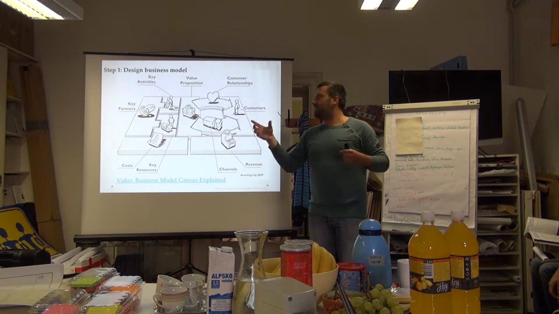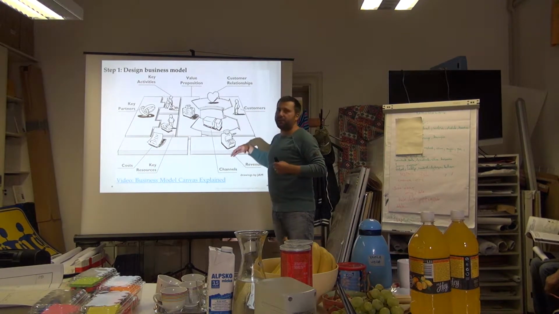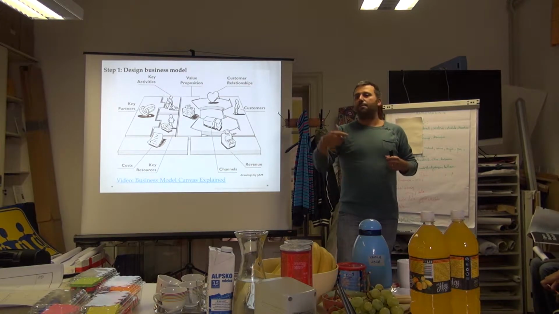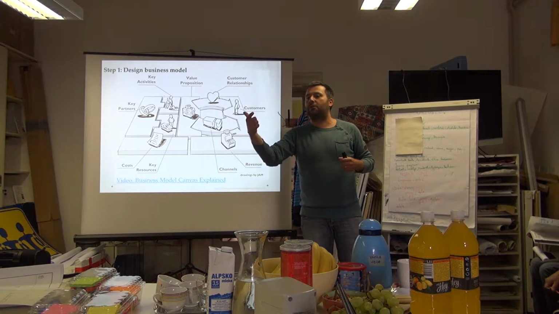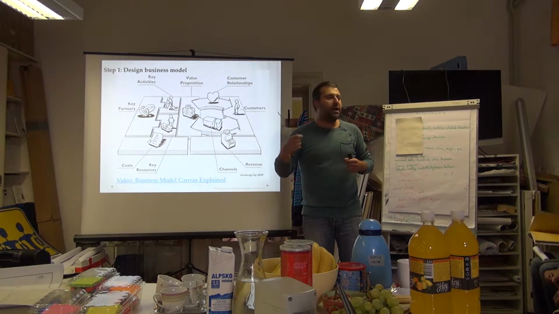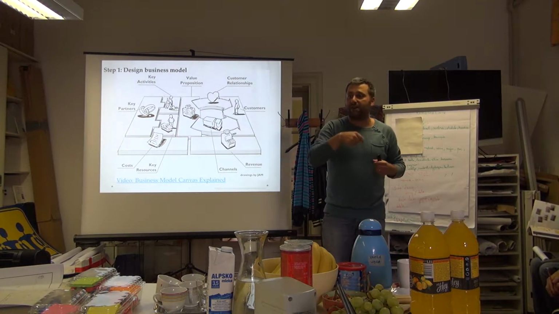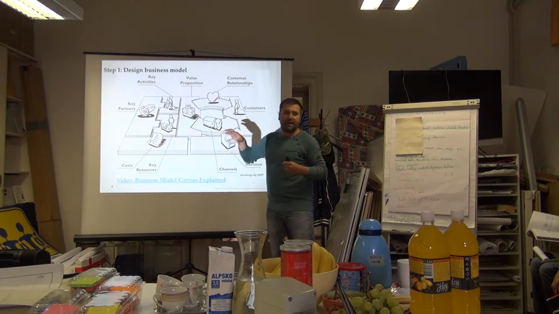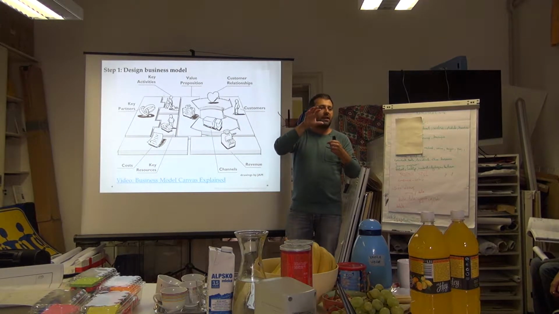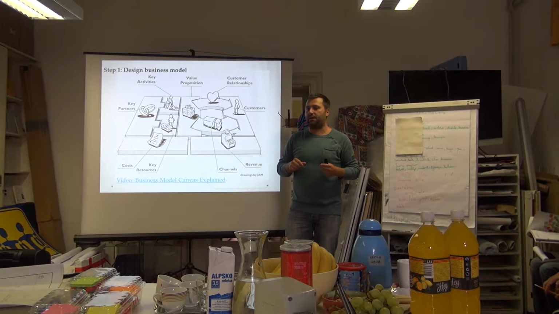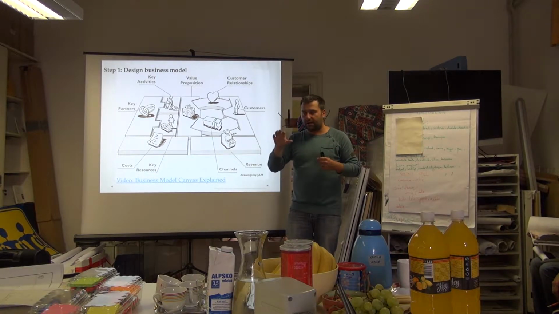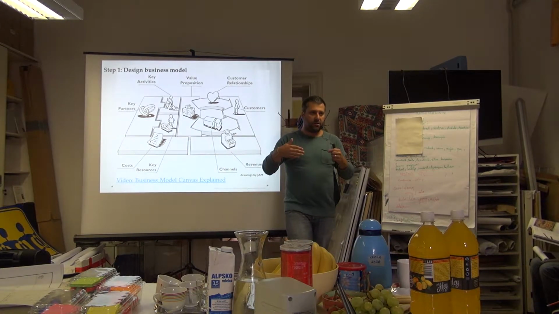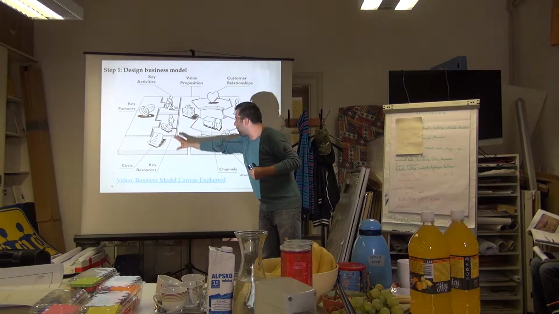Because let's say that it's a woman from 30 to 40, and when you go to the street, you will see that she's not so interested in it, but maybe you will talk with some girl who is 20 years old, and you will see that she is very interested. So you will change your canvas in that section, the age of your customer segment, and the whole canvas is done like that. This is just your thoughts.